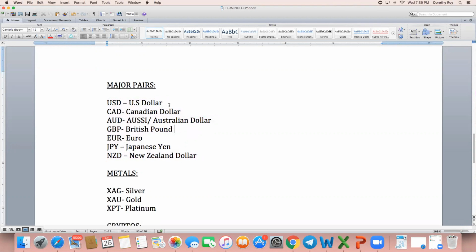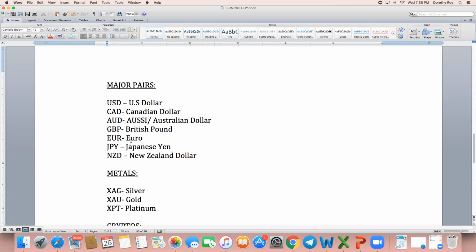So the US dollar, of course, is one of the major pairs. The CAD, which is abbreviated for the Canadian dollar. AUD is the Aussie. Sometimes people call it the Aussie, the Europeans like to call it the Aussie, and it's actually the Australian dollar. The British pound, which is abbreviated GBP.